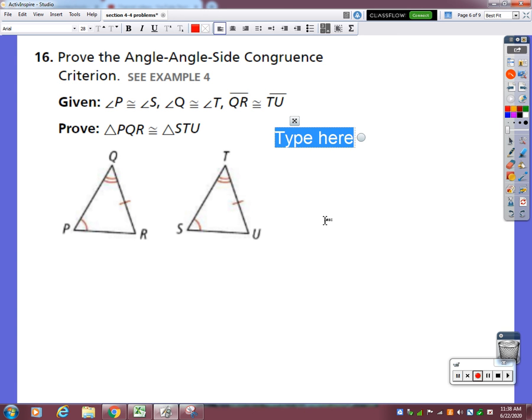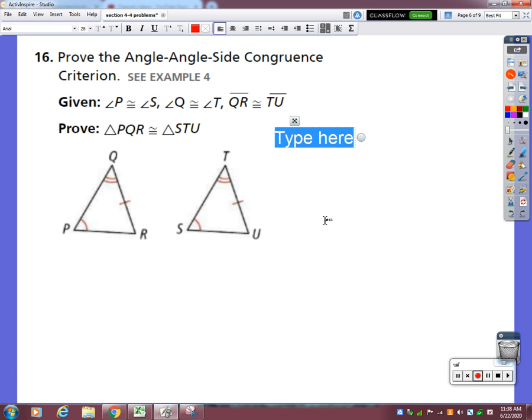So we have this given information. This is silly because we already have it, but I'm proving the angle, angle, side. So we can't use angle, angle, side because that's what we're trying to prove.